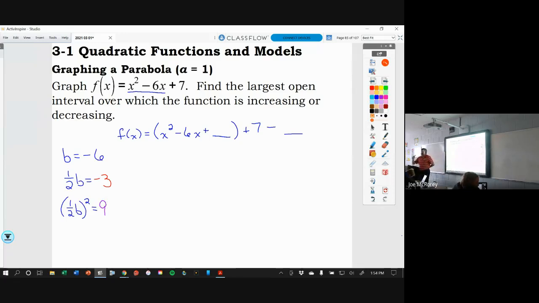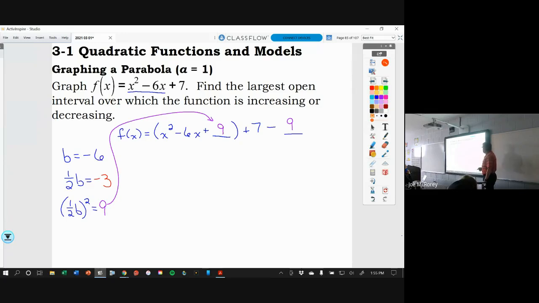To make this a perfect square, I have to add 9. Now, in this problem, A is 1. My leading coefficient is 1, so things are nice and easy. This trinomial is multiplied by 1, and 1 times 9 is 9. So because I added 9, to keep it balanced, I must subtract 9.